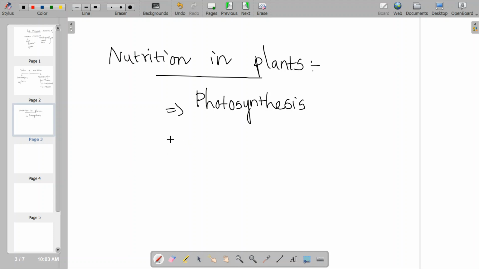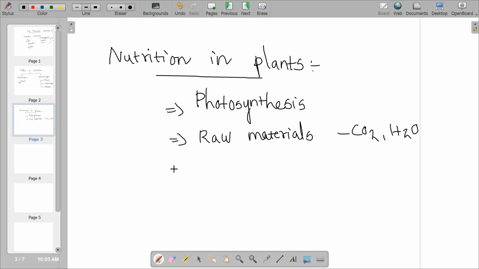Okay, a few more things we have to remember under photosynthesis. So what are the raw materials required for the process of photosynthesis? The raw materials required by the plants for photosynthesis are carbon dioxide and water.